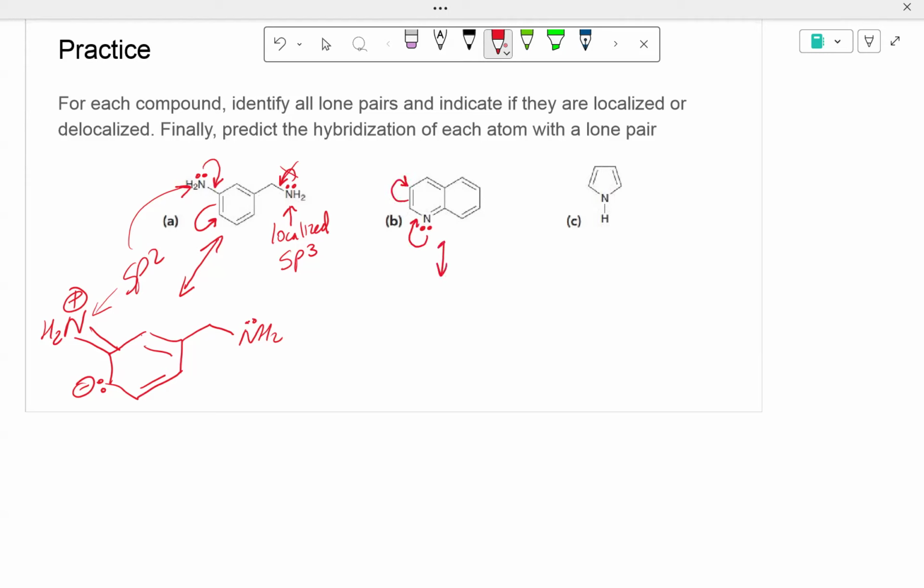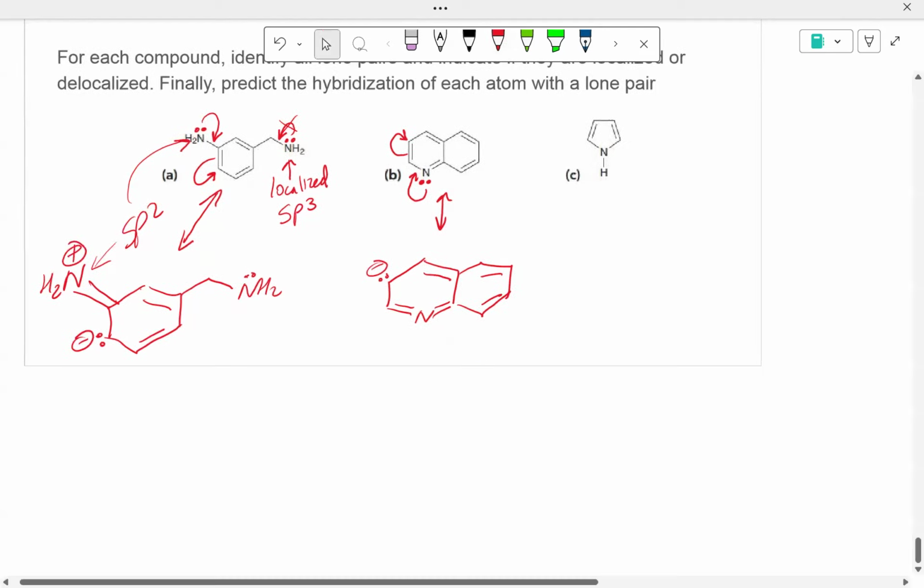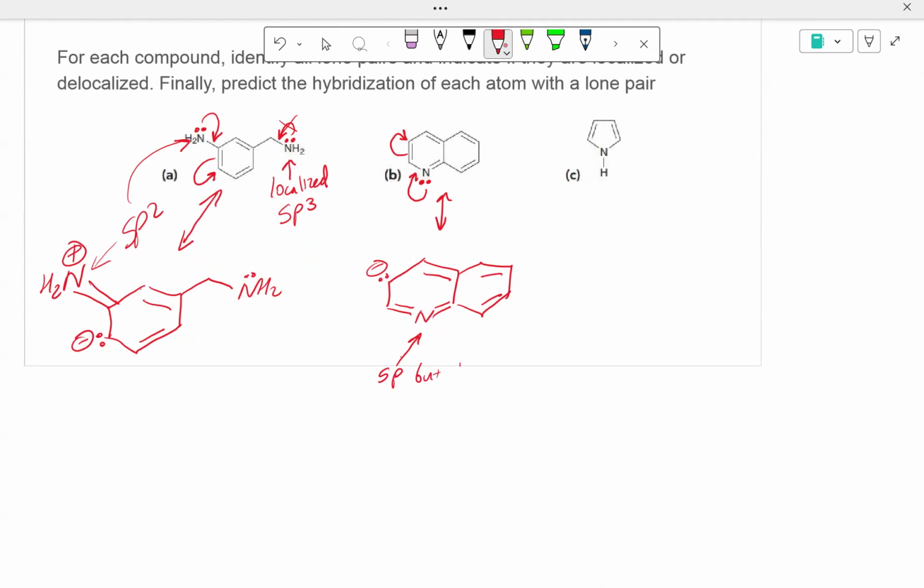If I draw the result of that, what's the hybridization of that nitrogen? Technically, it would be sp, but this is impossible.